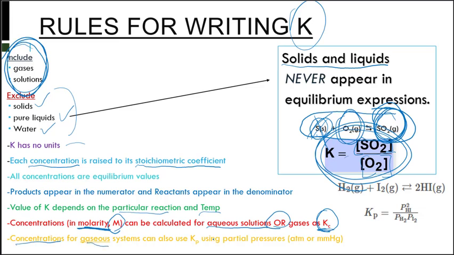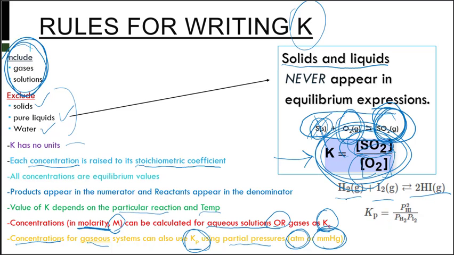We can also look at gas systems using Kp, which is looking at partial pressures. So if you see units like atm or millimeters of mercury, we're looking at gas pressures. And we would use the same setup. We would look at products over reactants. So in this case, I have H2 plus I2 to give me 2HI, the same expression.